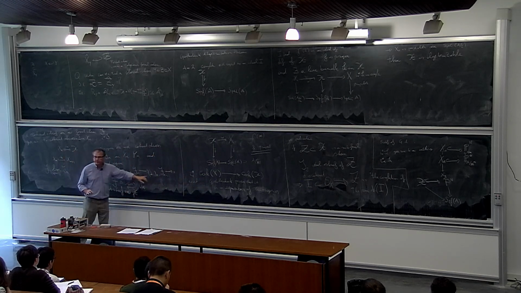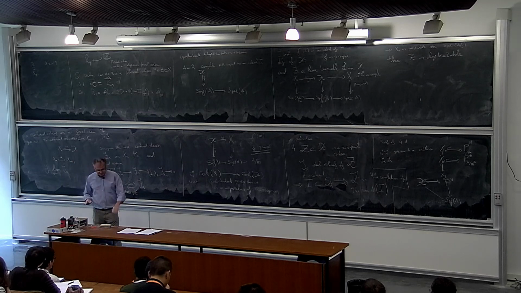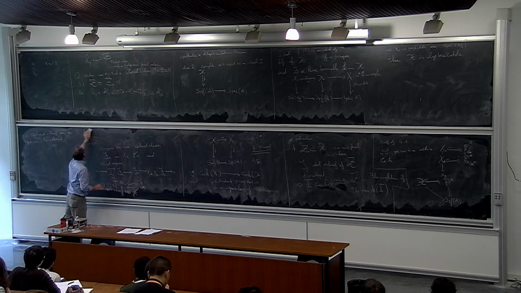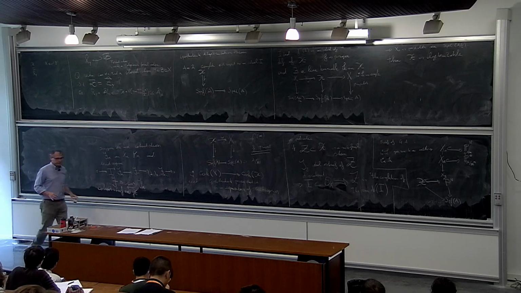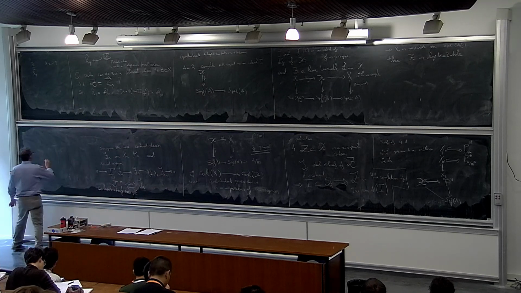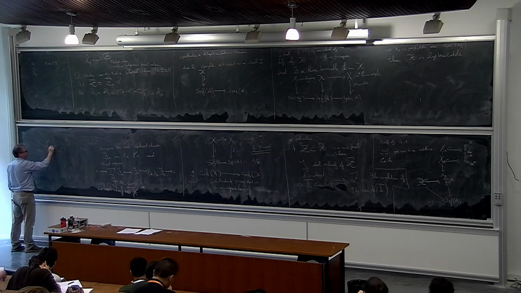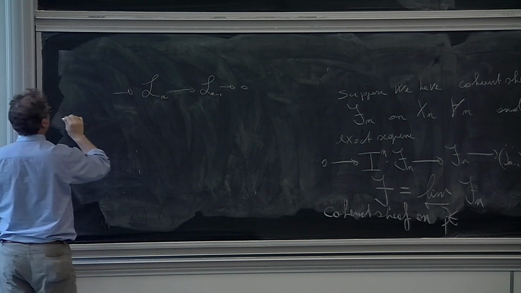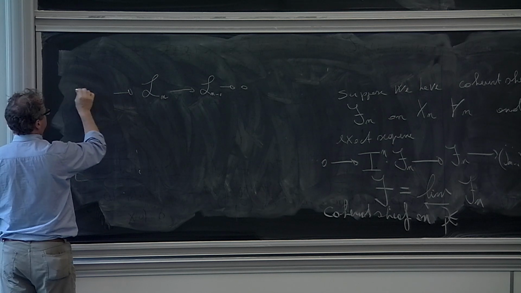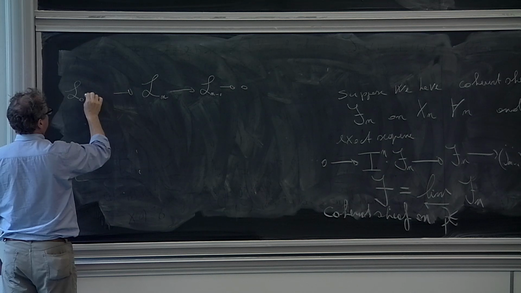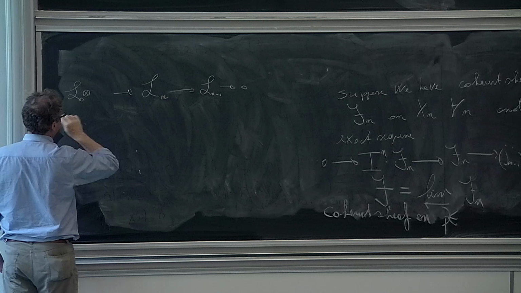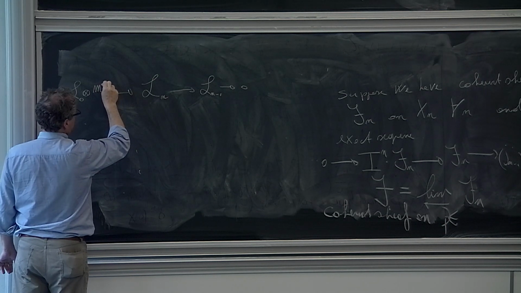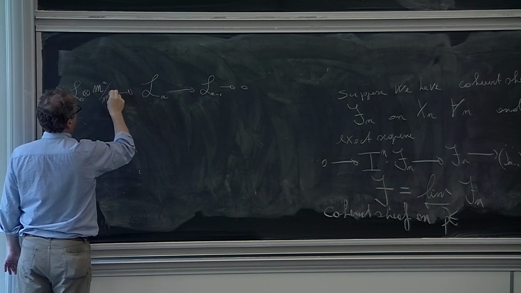You use this fact, and typically you have L_n and L_{n-1}, and here you are going to find something like L0 tensor n divided by n minus 1.